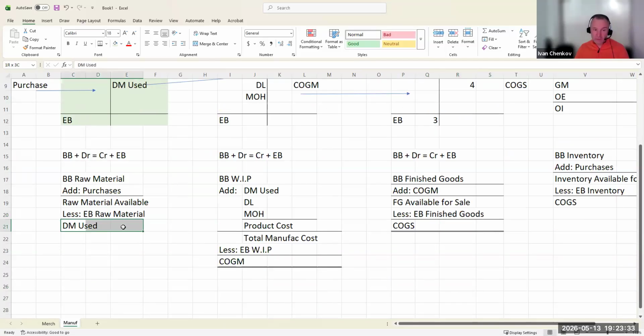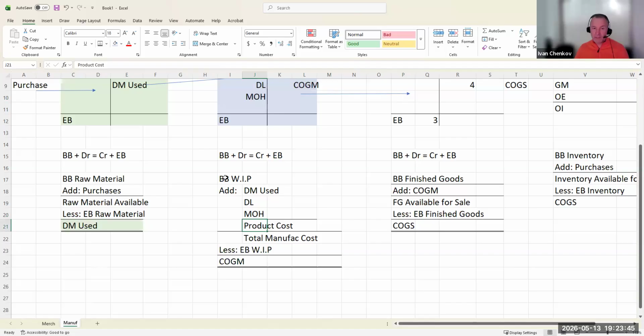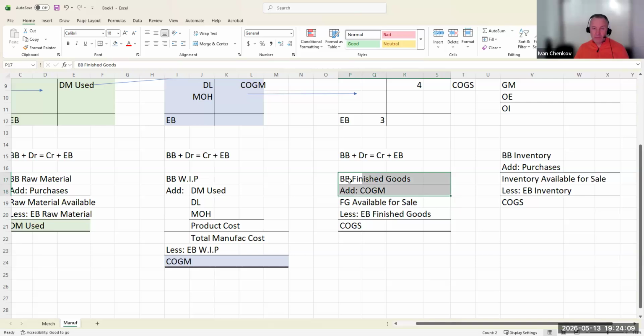So first, again, we're getting direct material used. Then we're going to move to work in process, and we're going to get direct material, direct labor, manufacturing overhead, which is our product cost. Then we're going to add the beginning balance to get the total manufacturing cost, less the ending work in process, which gives us cost of goods manufactured. Once we get cost of goods manufactured, I'm going to start preparing the finished goods calculation. It's going to be beginning balance of finished goods.